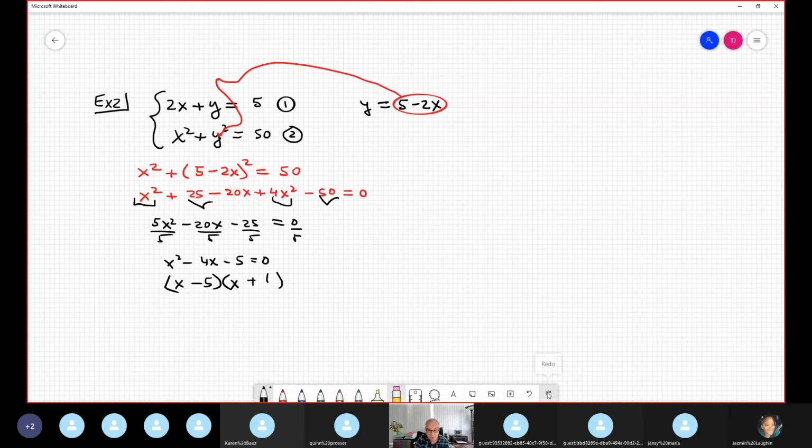Therefore, the solutions are x equal 5 positive and x equal negative 1. Now substitute that value into any equation. However, I prefer this equation in which you have y isolated. I take that. y isolated: 5 minus 2 times 5. 2 times 5 is 10, and 5 minus 10 is negative 5.